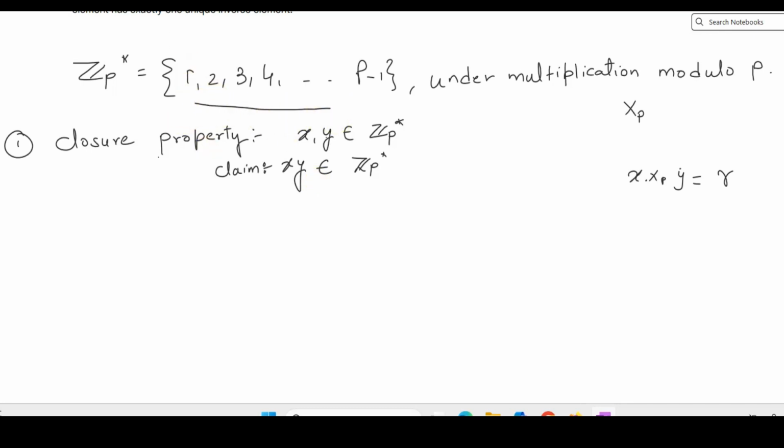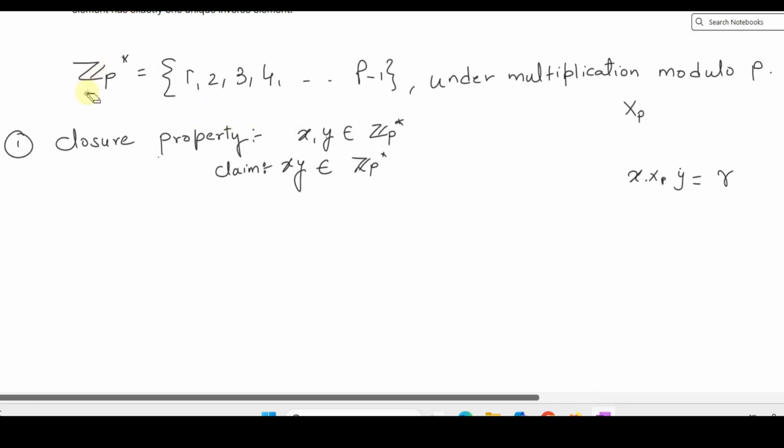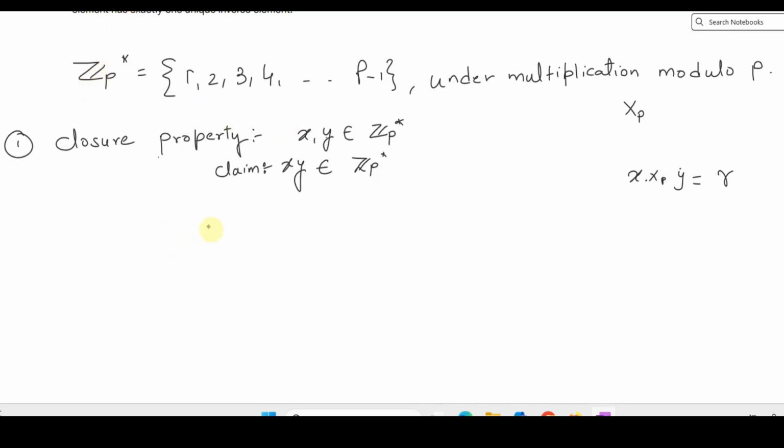The only number which is not present in this set is 0. If the remainder is 0, that means p will divide the product xy. But this is not true, because both x and y are from this set, and both x and y are less than p.